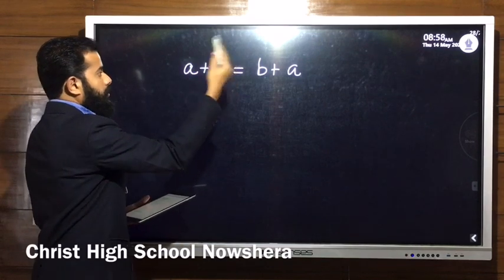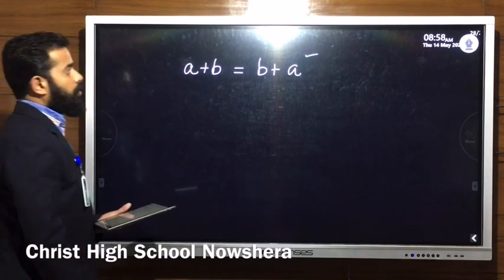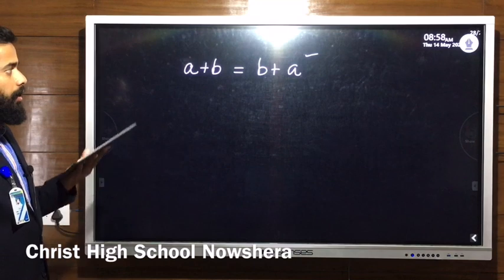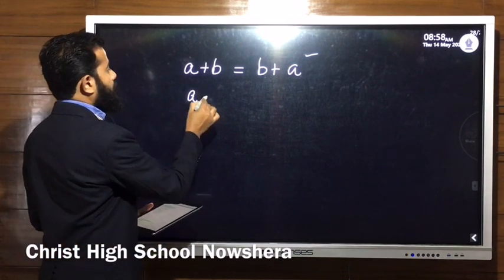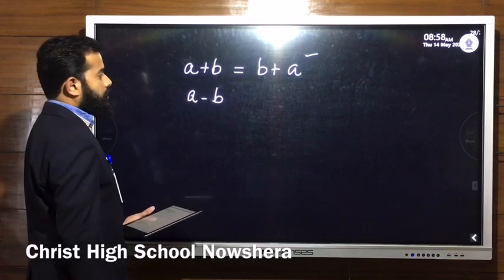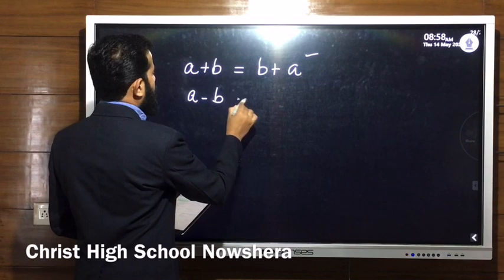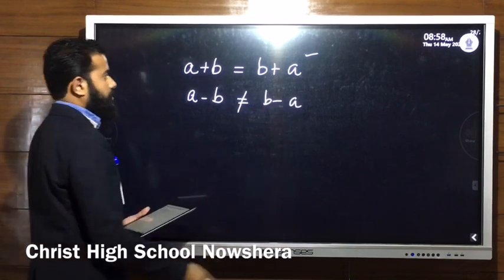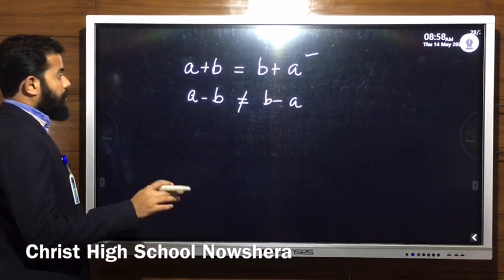A plus B is equal to B plus A, so it obeys the commutative property under addition. In subtraction, it is not equal. Sometimes it is not equal, so it is not obeying the commutative property. A minus B is not equal to B minus A in some cases. So generally we say that it is not holding the commutative property.